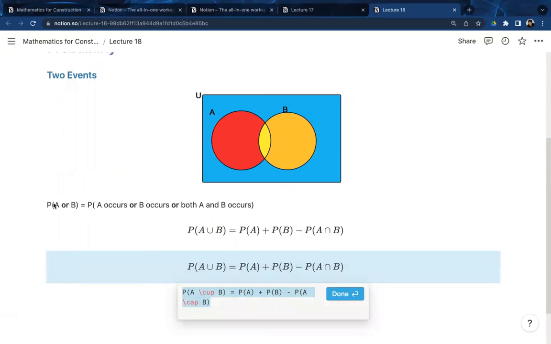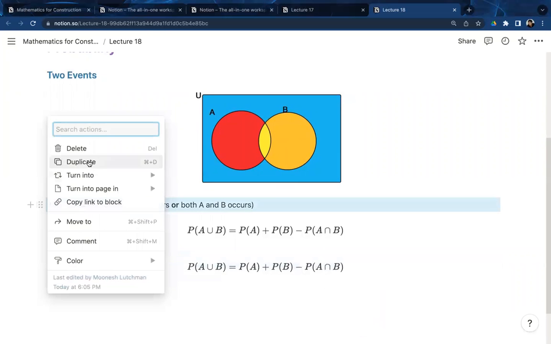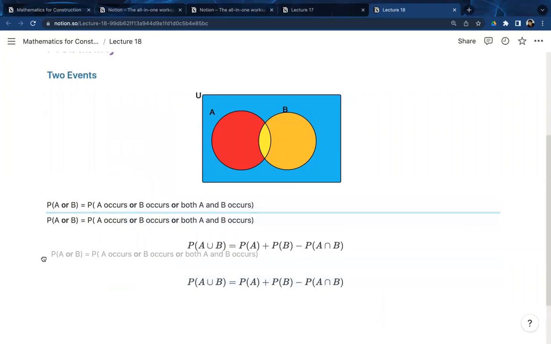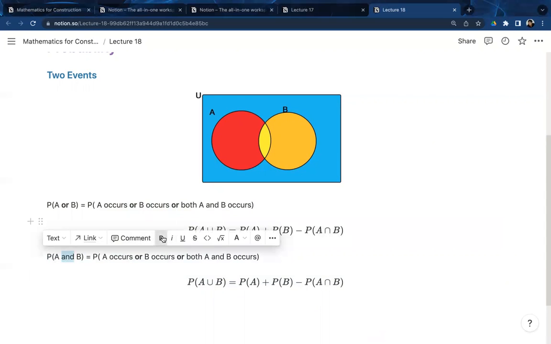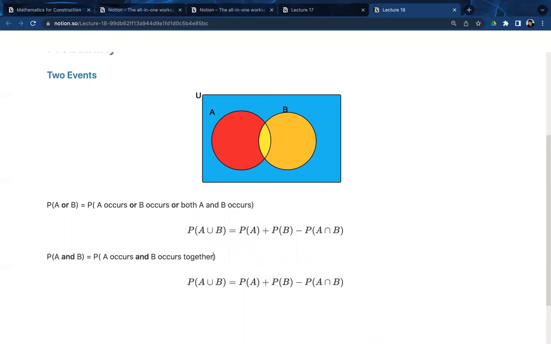Here, the idea of and, right? A and B. So that's really A occurs and B occurs together, at the same time, right?